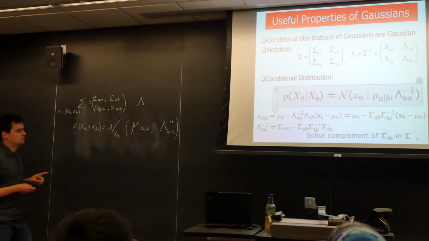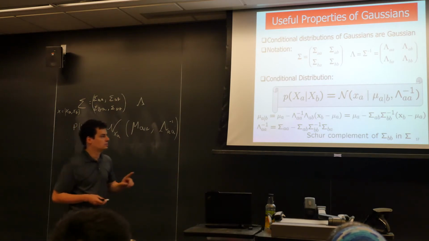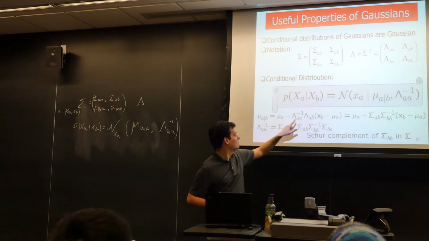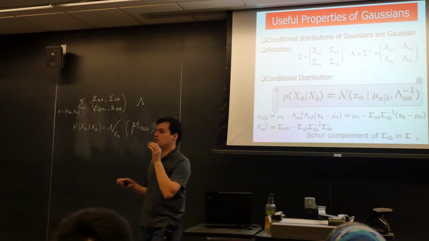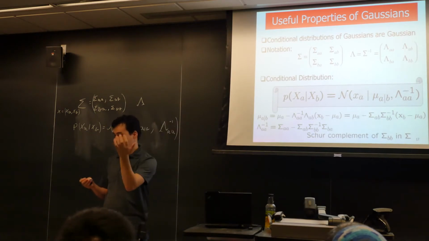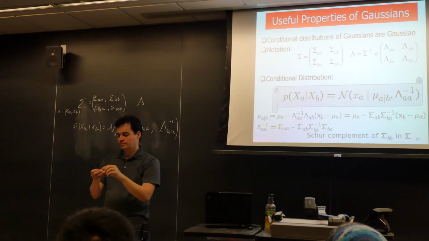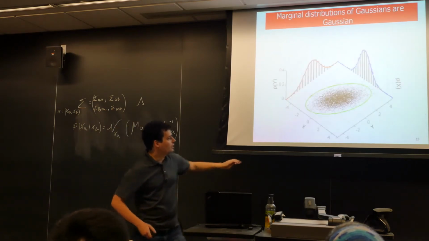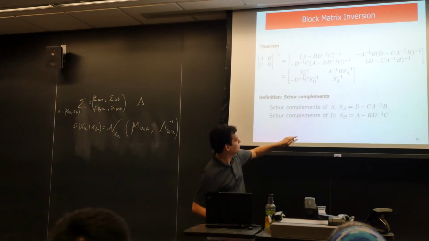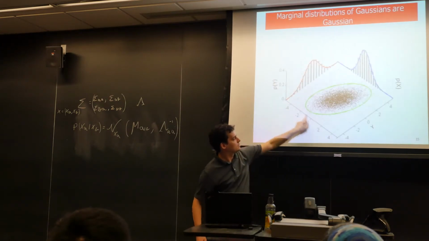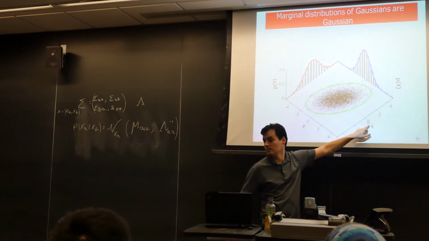So you have lambda AA inverse, lambda AB, XB minus. Right. So what do we do? We calculate the conditional distribution of XA given XB. Let this guy be XB, and this is XA in the previous example.